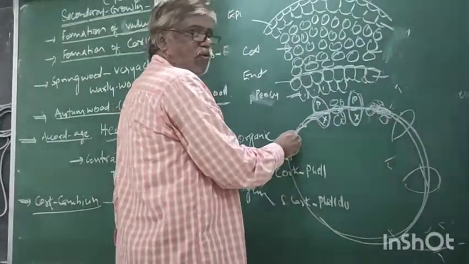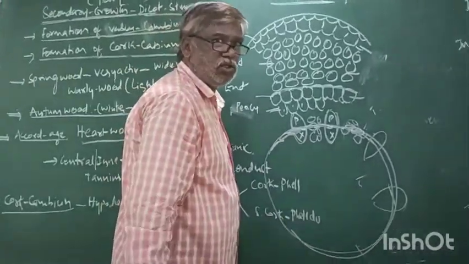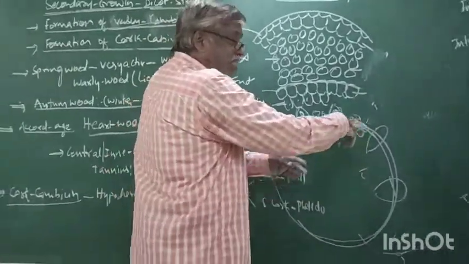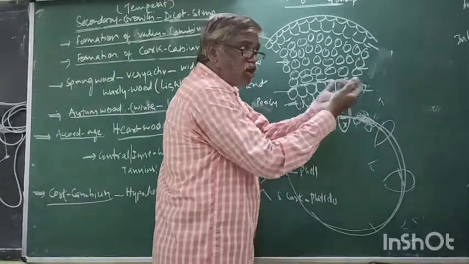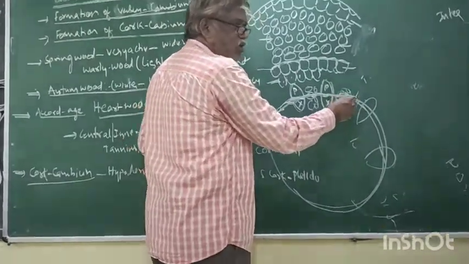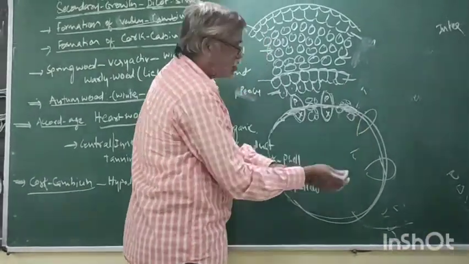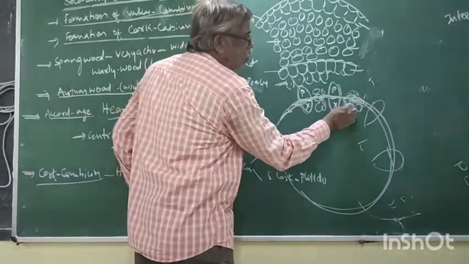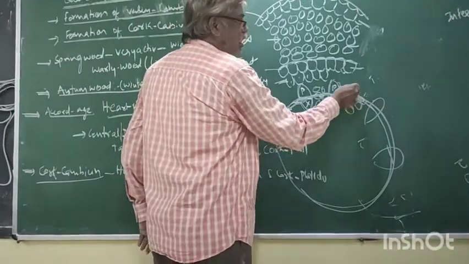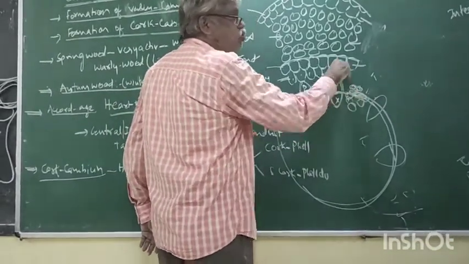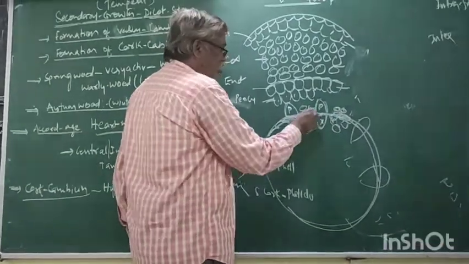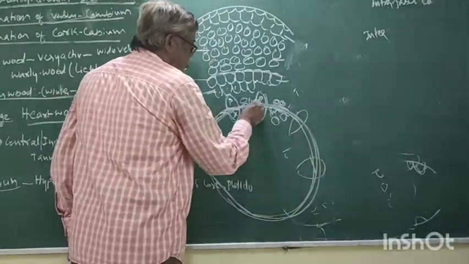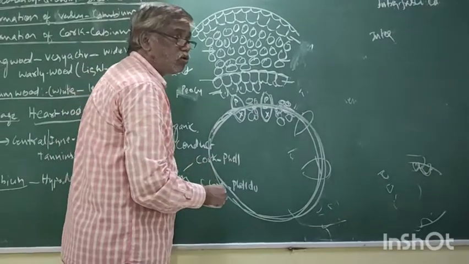Hence, this vascular cambium undergoes division. Of the cells formed by this division, more cells fall inwards and fewer cells fall outwards. Are you following? Vascular cambium is made of meristem.